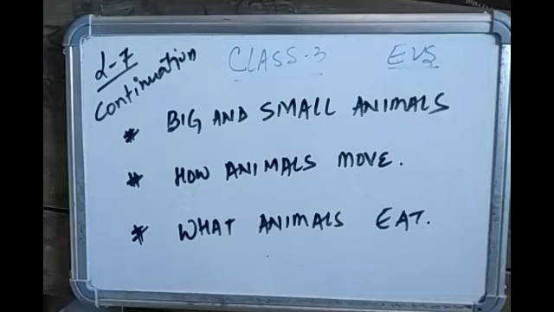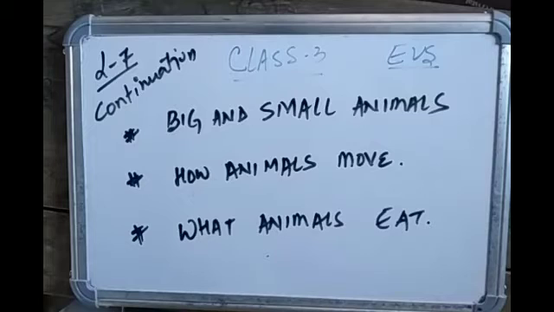Depending upon their food habit, animals can be classified. In the last class we have discussed that animals can be classified based on their food habit: herbivores, carnivores, omnivores, scavengers.